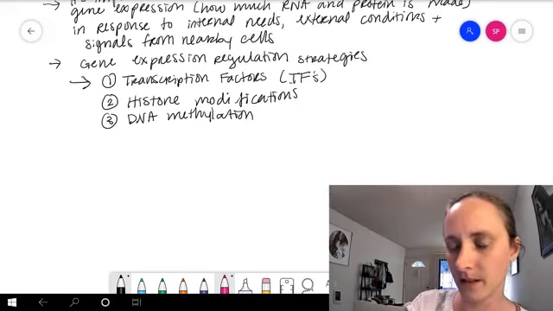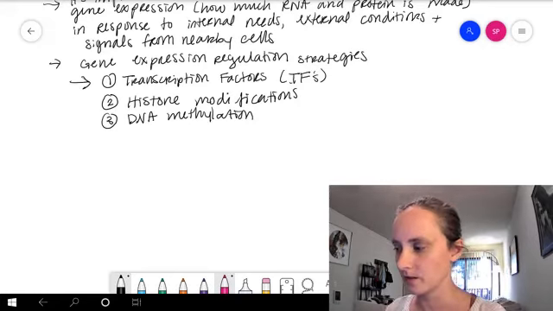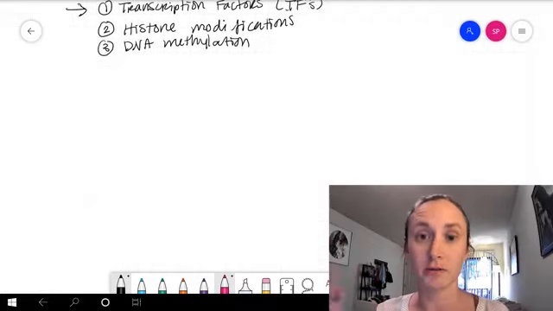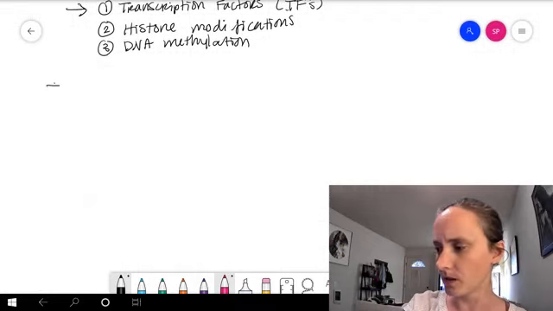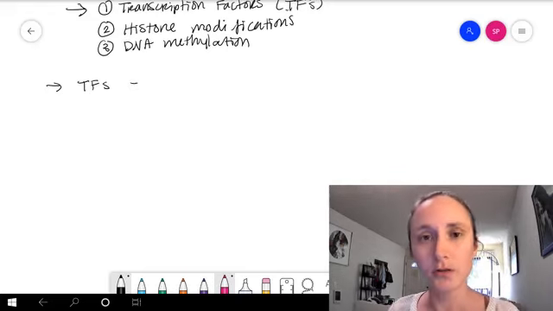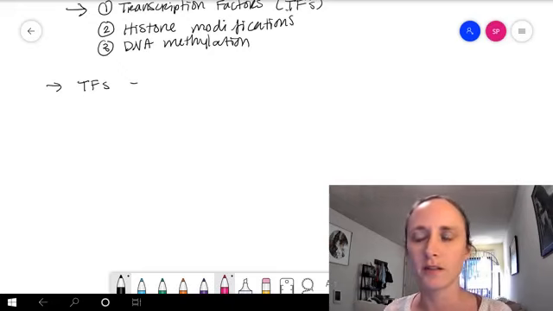So again, today, talking about transcription factors. Let's talk about what can be found in a transcription factor protein. These are proteins that can have multiple domains, so multiple functional parts of the protein.